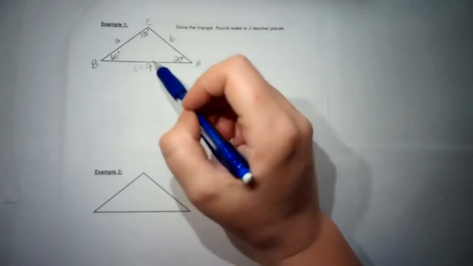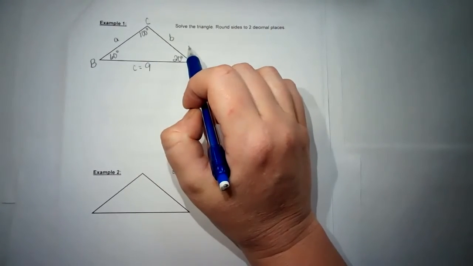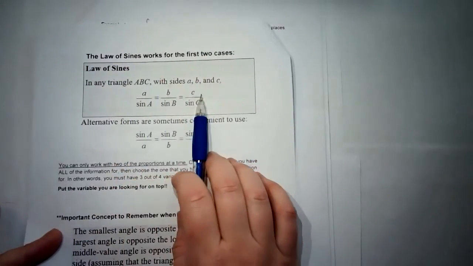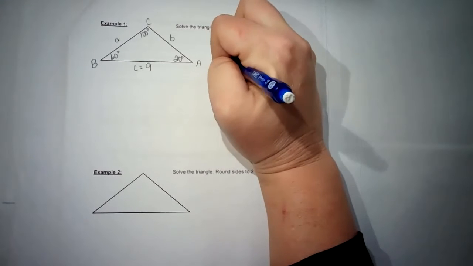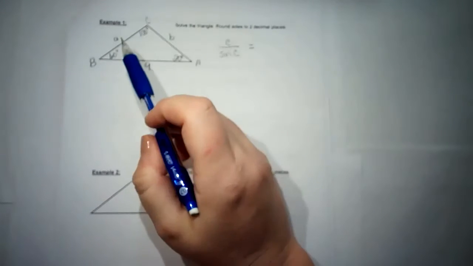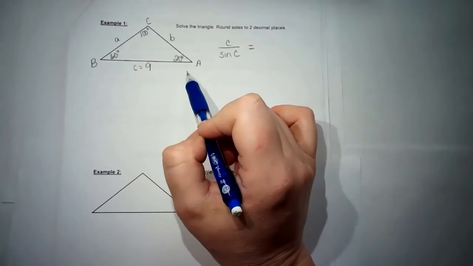So I know I have to solve for a side. Everybody agree with that? The sides are the only thing missing. So I'm going to use this version up here where the sides are on top, and I'm going to choose C, because I have all the information for him. Now I need to choose my second proportion, and this one's up to you because I have B's angle and I also have A's angle.